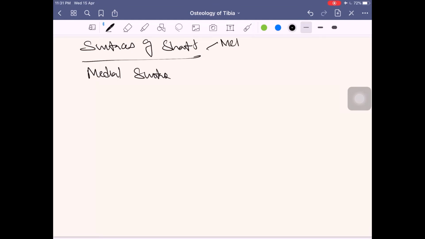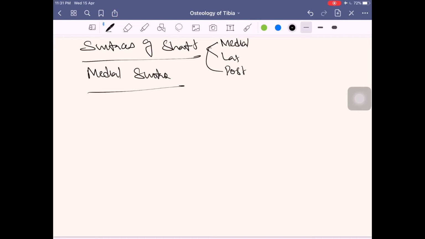Now let us talk about the surfaces. Surfaces of the shaft of tibia, and we said there are three surfaces. First is your medial surface, then you have the lateral and the posterior.